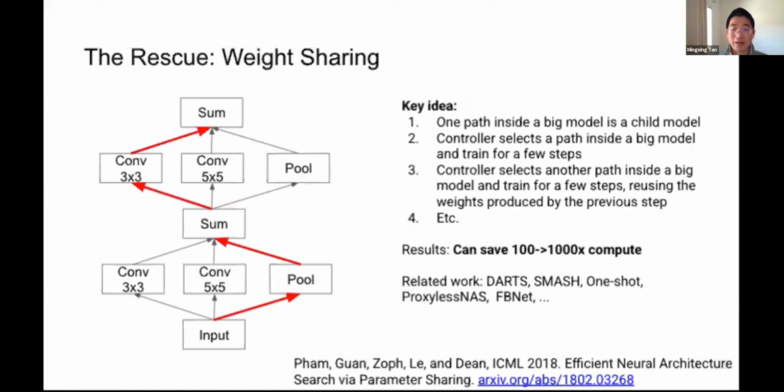But at least my colleagues, maybe 2 years ago, have a paper called "Do Better ImageNet Models Transfer Better?" They did a study on transfer learning. It turns out if you have a good architecture that performs well on ImageNet, a relatively big data set, then most likely you will also perform pretty well on small data sets like CIFAR, birds, cars, and so on.